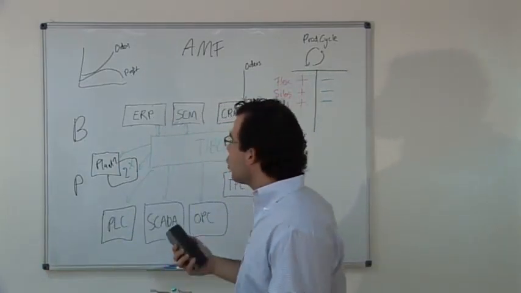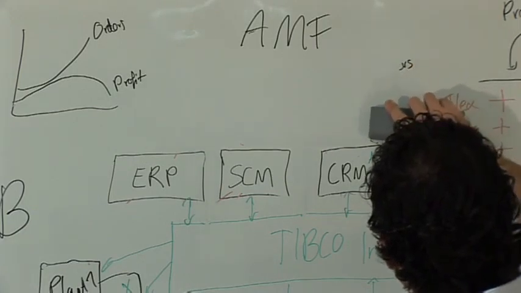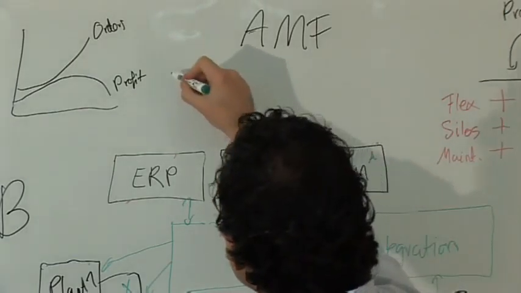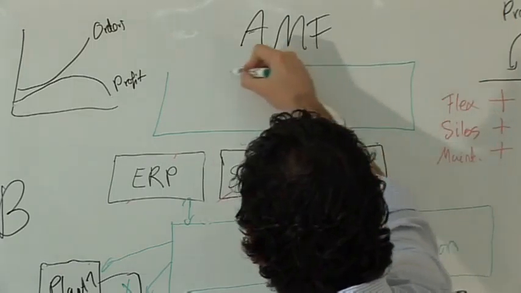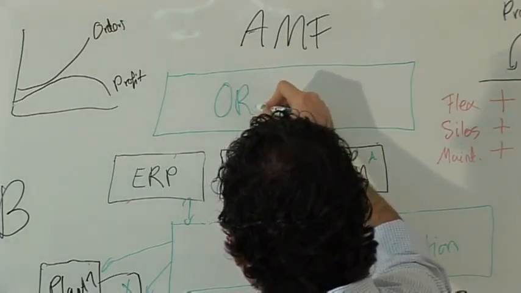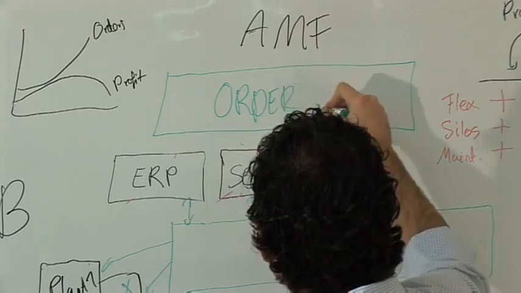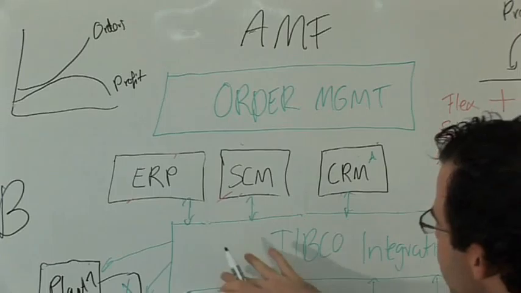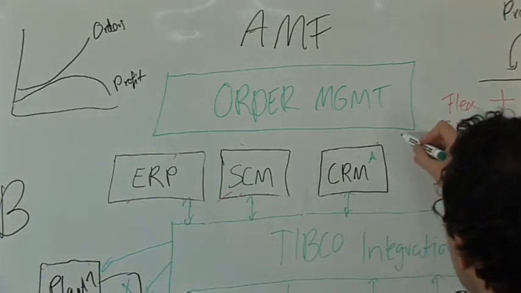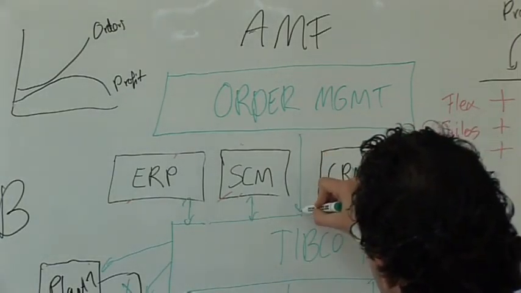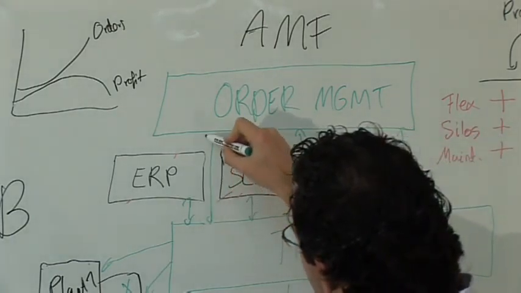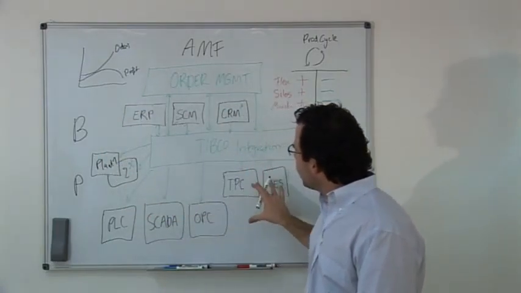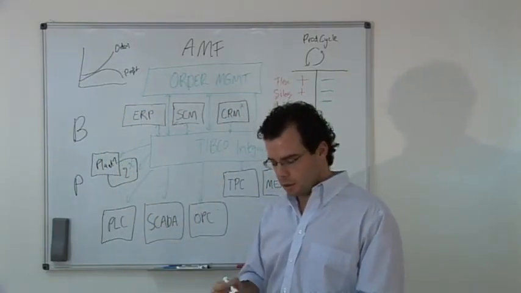When we look at it from a global perspective, we have the global order management system that TIBCO provides sitting on top of TIBCO's integration layer, wherever that may be, and governing, using TIBCO's standardized messaging, all the product flows, material tracking, and orders that are running through our production lines.